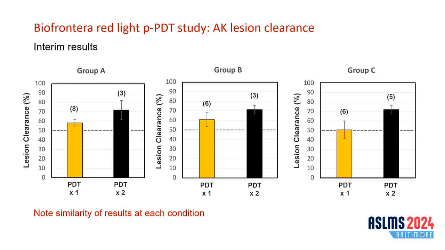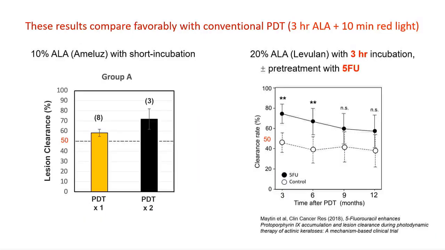And then what I'm most excited about are these interim lesion clearance results that show that in all three groups you get a very similar pattern, at least 50% clearance after just one treatment. And after the second, that bumps it up to 70%, give or take. And the short incubation groups are very similar.